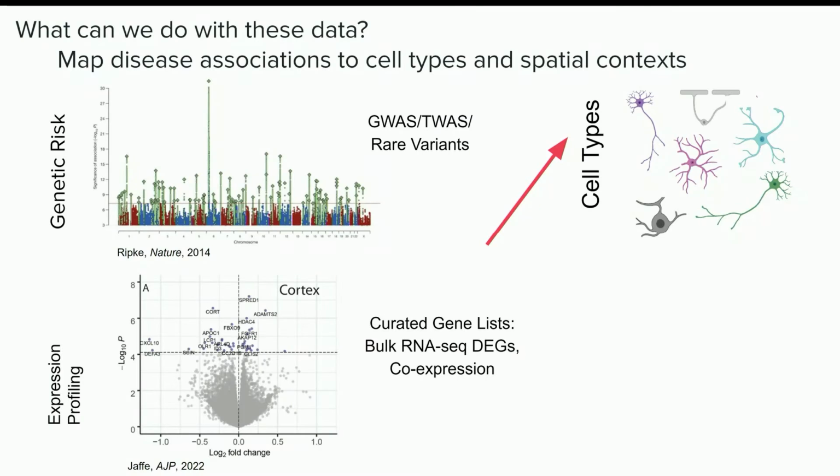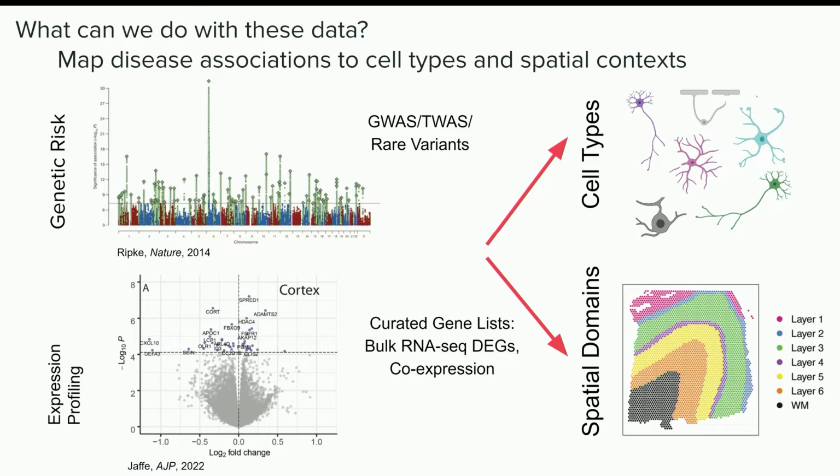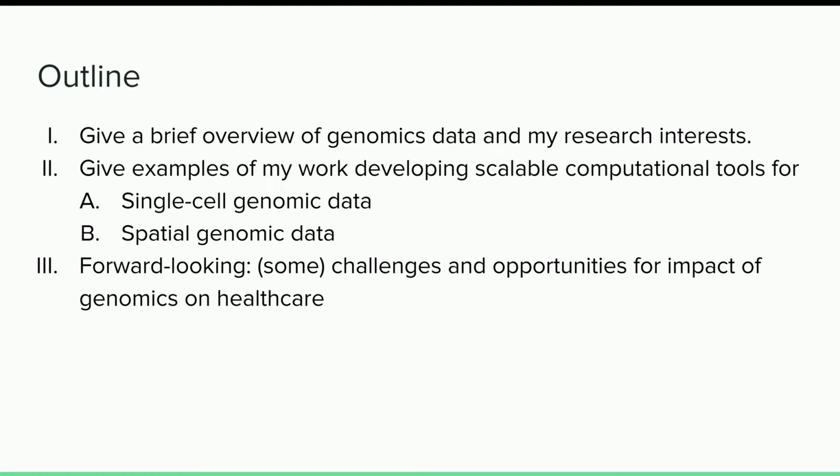And the idea is we want to figure out how the genes that are enriched, for example, from the bulk RNA-seq study are enriched in maybe a particular cell type or maybe in a particular spatial domain in 2D space. So there are 3 parts to my talk. I'm first going to give a brief overview of genomic data and my research interest with genomic data.